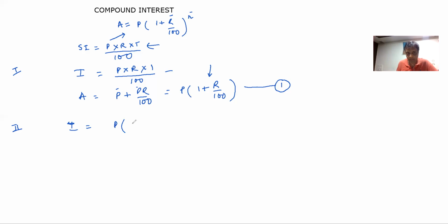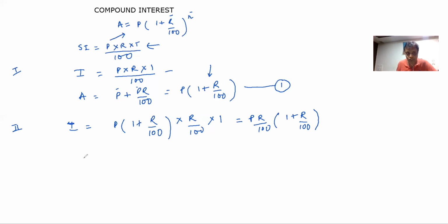P (1 plus R upon 100) is the new principal, into the rate R upon 100, into 1, because we are calculating only for 1 year. What does this look like? PR upon 100 times (1 plus R upon 100). This is the interest in the second year.